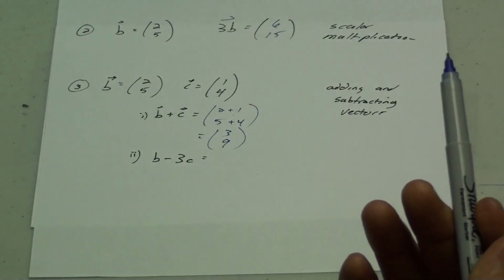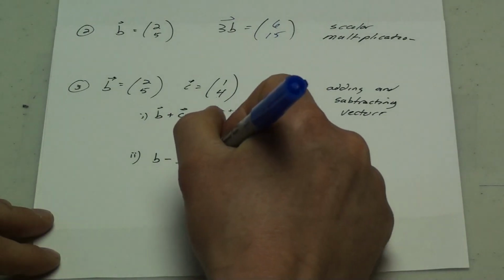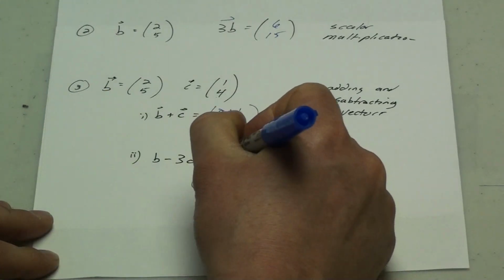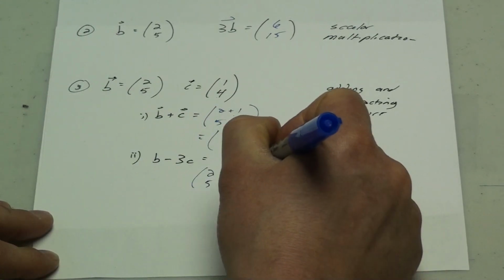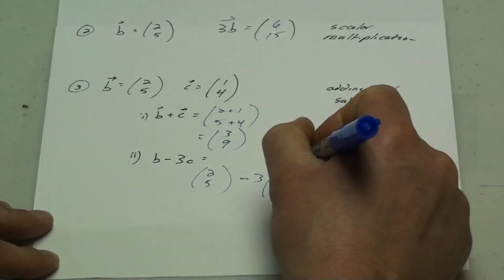I can go a little bit more complicated. I have B subtract 3C. Well, let's take vector B, which in this case was 2, 5, and I'm going to subtract 3 times vector C, which in this case was 1, 4.